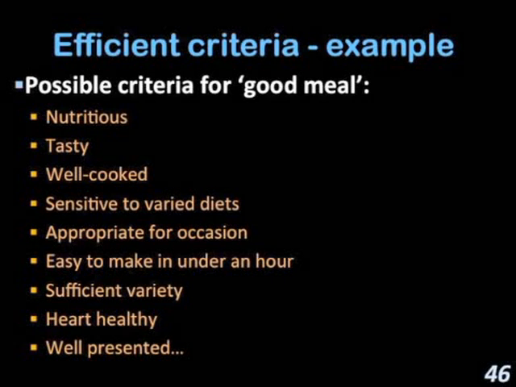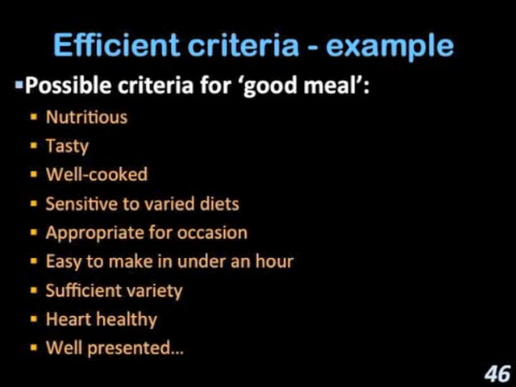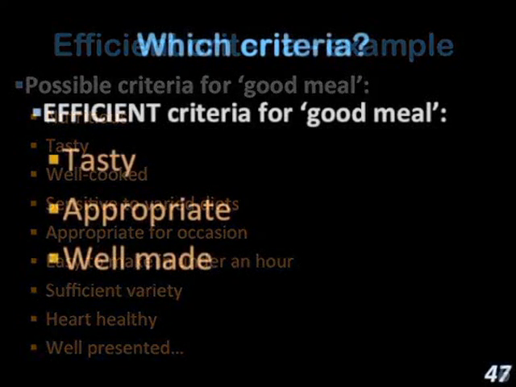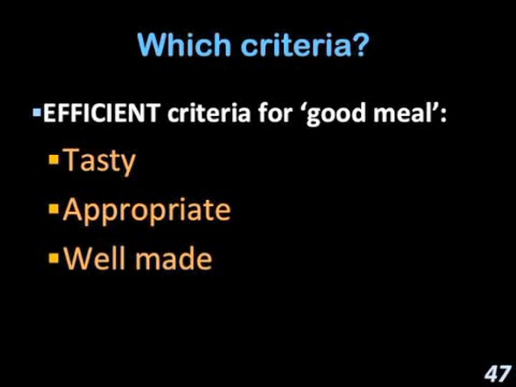Well, you get the idea. There's always an infinite number of criteria for any complex performance. And so we'll brainstorm, we'll come up with a good long list, but then we'll pare it down to an appropriate, feasible set of criteria, as in these three: tasty, appropriate, well-made.